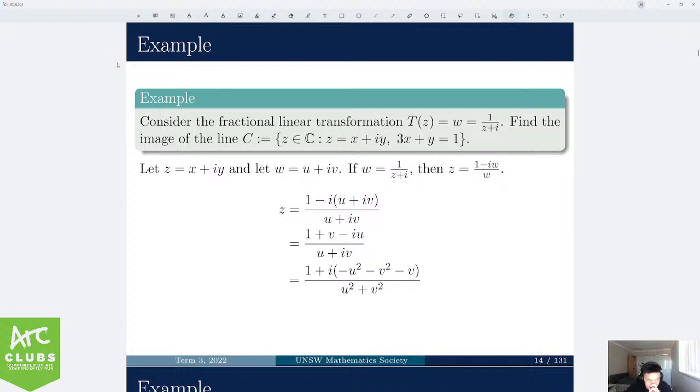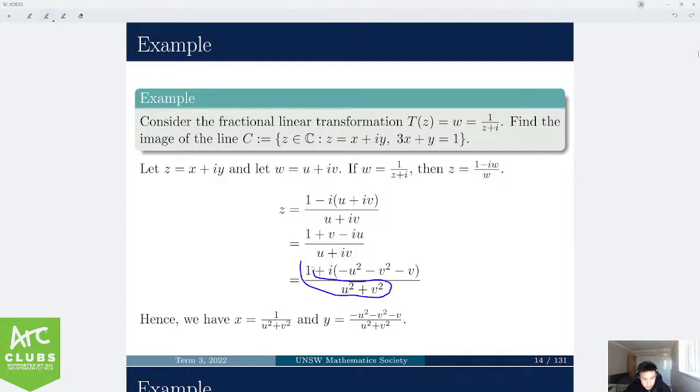Notice that in the top here, we want to separate into real and imaginary parts. So essentially, this part here is the real part of z, and this part here becomes the imaginary part of z, and we equate those with x and y, since we let z = x + iy.